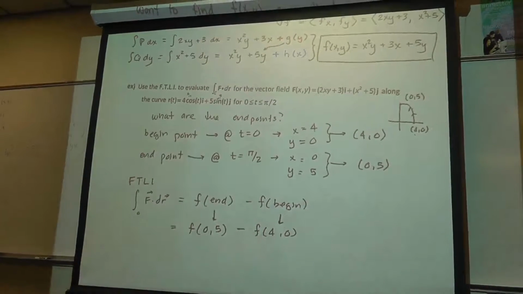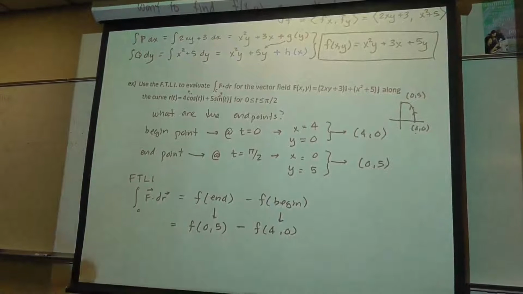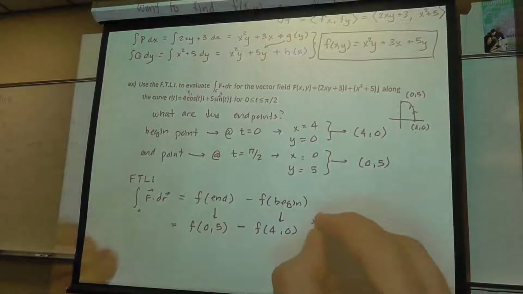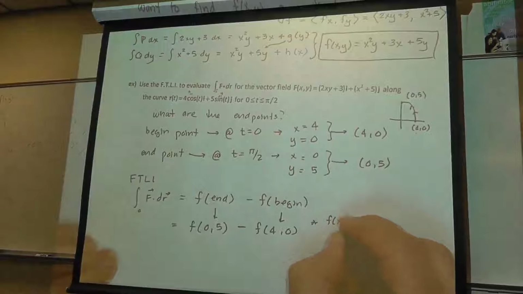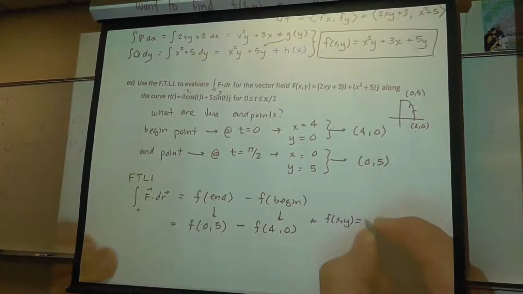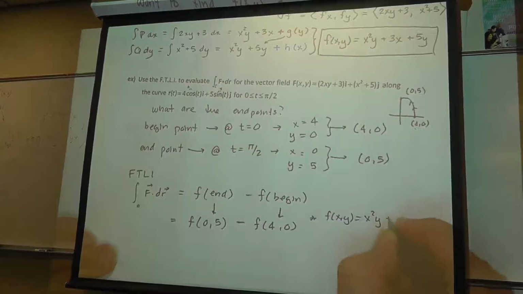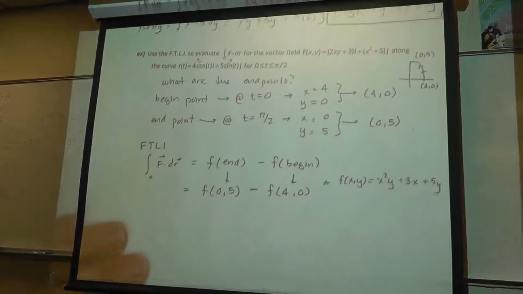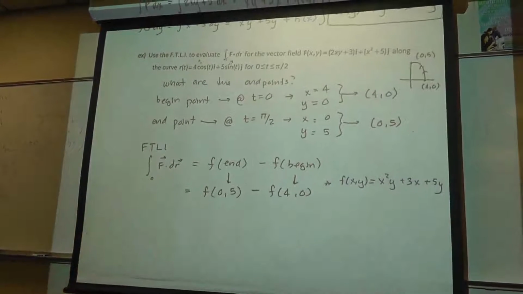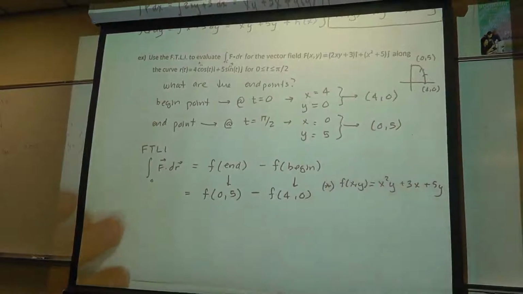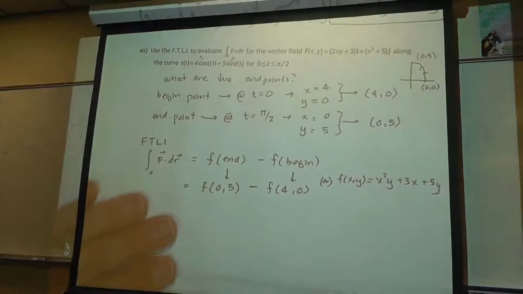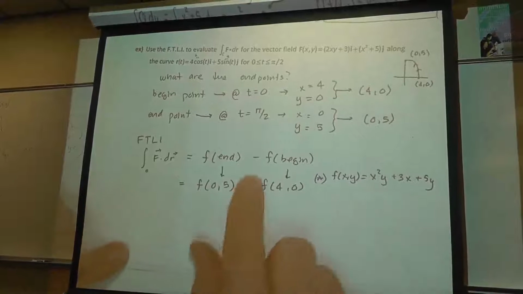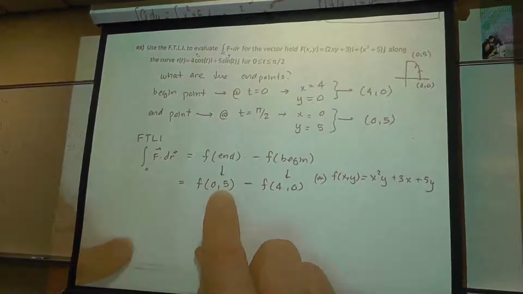And so, little asterisk. We figured out earlier that f of xy was x squared y plus 3x plus 5y in that previous problem. So, again, that's just my poor notation there for making a reference to the previous problem. So I want to take a fresh copy of this, plug in 0 for x and 5 for y.